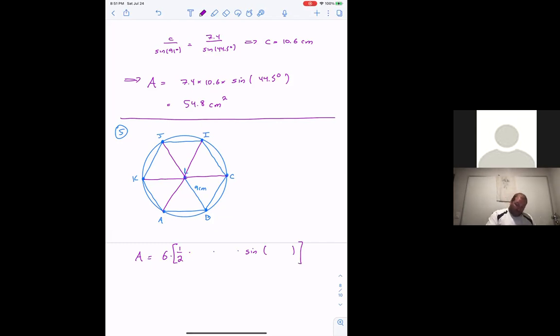Notice that this is 9 centimeters, and so is this, because it's also a radius, so both sides are 9s. Now I just need the angle in between. Using the same trick as last time, if I go all the way around, that's 360 degrees. Last time was an octagon, so I divided by 8. This is a hexagon, so I divide by 6. That's a 60-degree angle. So now that I know this is 60 degrees, and these are both 9 centimeters, I can just do 1/2 times 9 times 9 times sine 60 degrees and multiply it by 6, and that gives me the area of the hexagon.